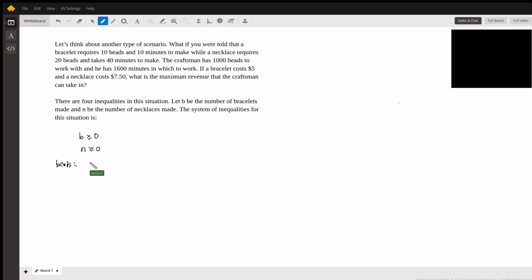So for every bracelet you make, you use 10 beads. And the necklace, of course, is longer, so it takes more beads, 20 beads. And we only have so many beads, 1,000 beads. So that's another inequality.